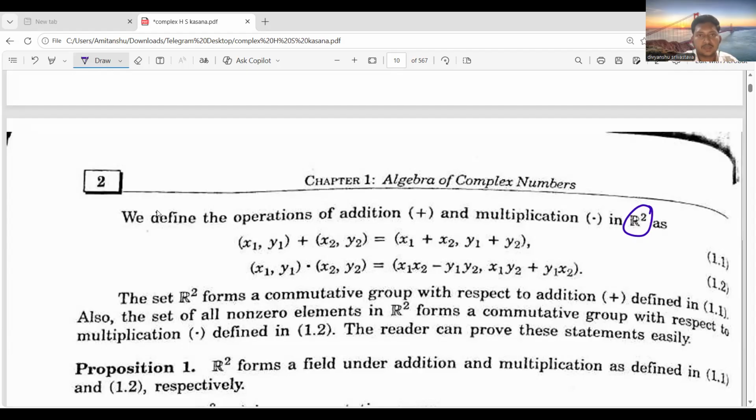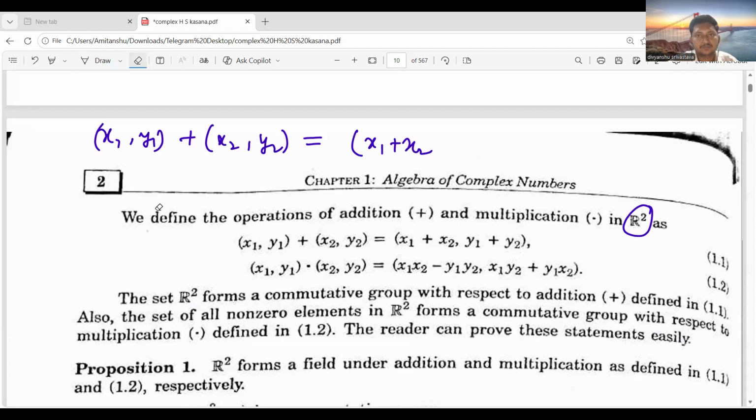So first, when you have x1 comma y1 plus x2 comma y2, when you apply the addition, then you get x1 plus x2 and y1 plus y2.